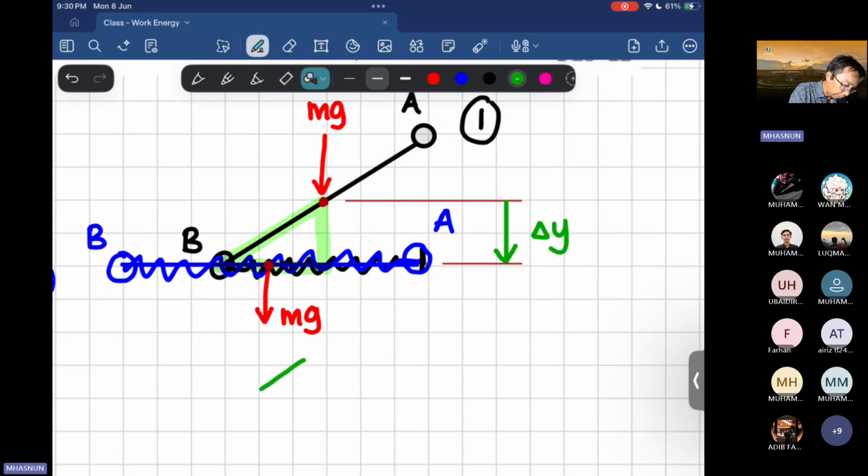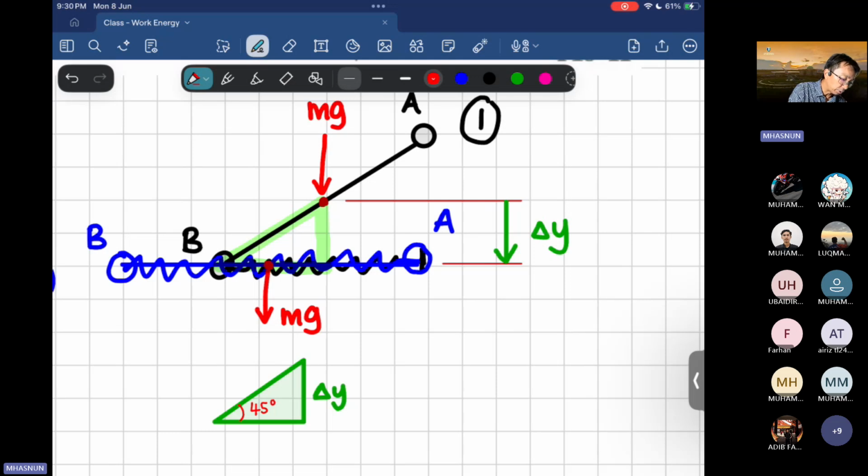So this is our triangle here, like that. And the delta y is here. This length of the triangle is our delta y. Do we know the angle here? Yes, we do. This is 45 degrees. The angle given at the first position, 45 degrees.